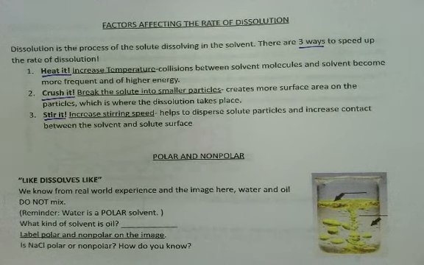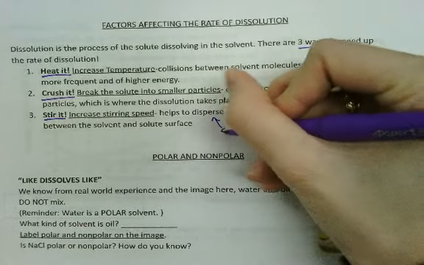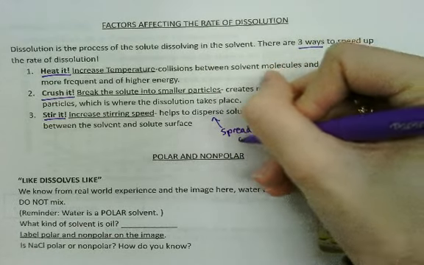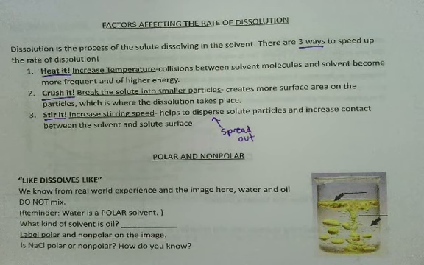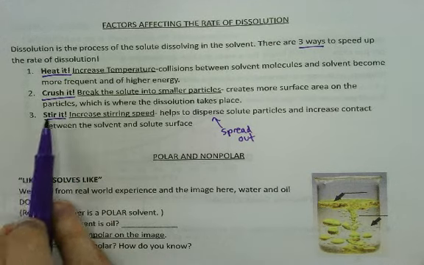So if I stir my sugar into my tea, I'm going to help disperse, in other words, spread out, our solute particles, and we're going to increase the contact between our solvent and our solute. So our sugar is going to be in increasing contact with water. Okay? So those are our three ways. Heat it, crush it, stir it.